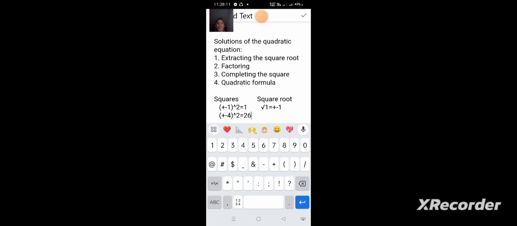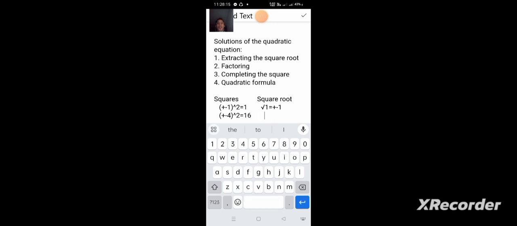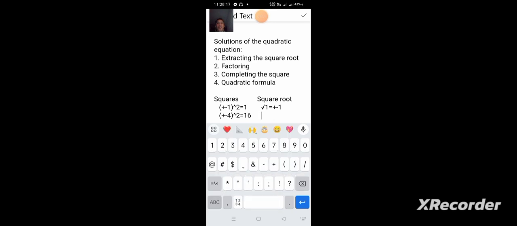Now on the other side, when you get the square root of 16, you will have positive, negative 4. So remember, when you extract the square root of a number, there should be plus and minus the number.